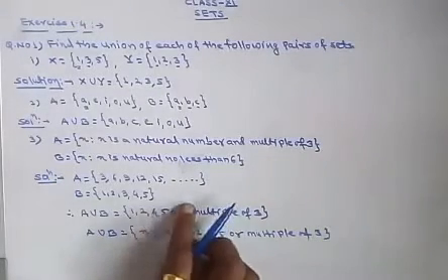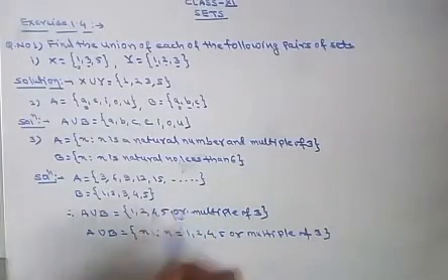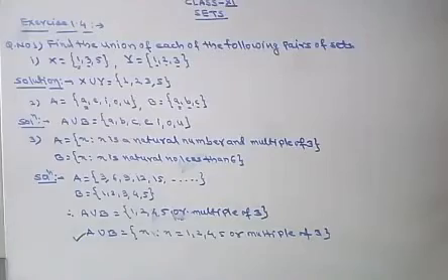Here also you use 'or', which means union. Okay, so in this way we can write the union of two sets.